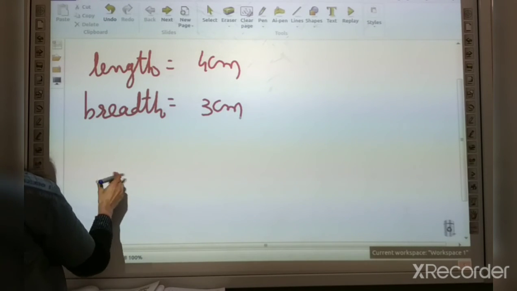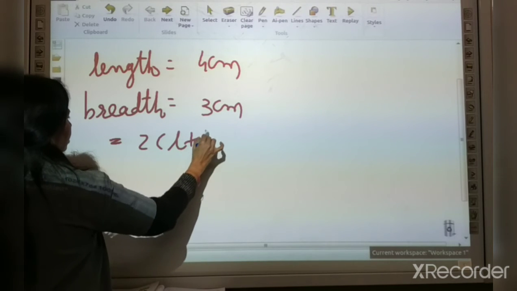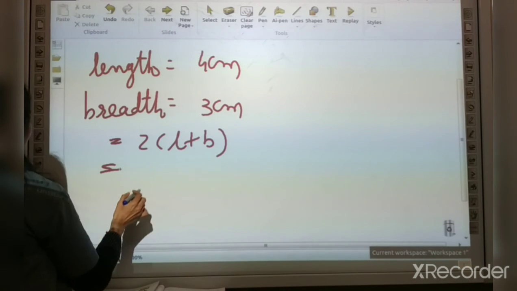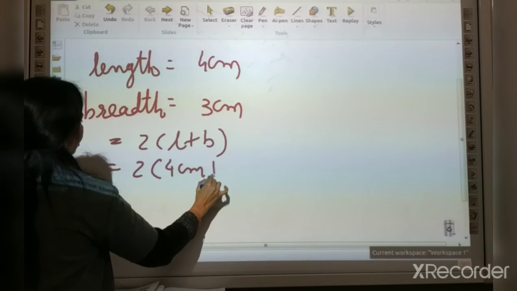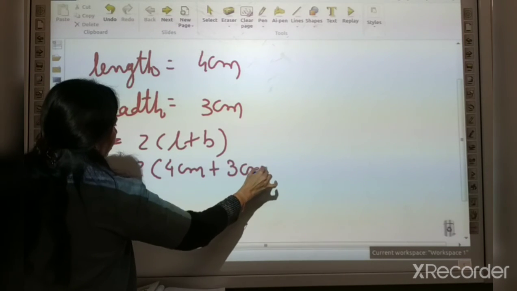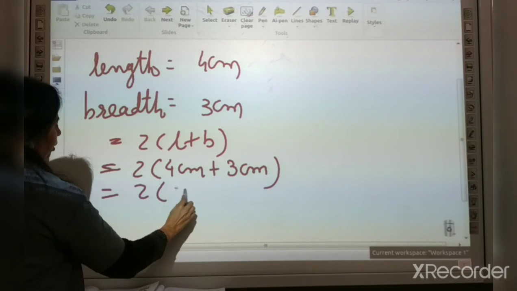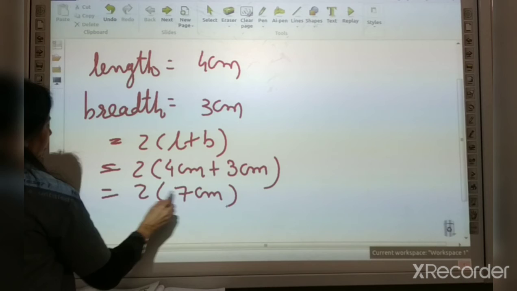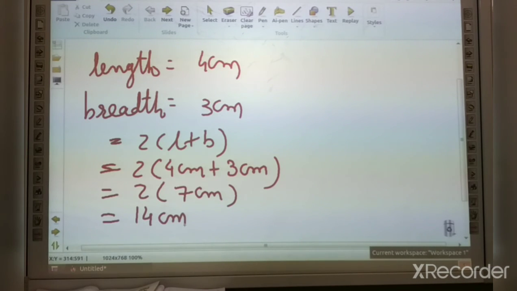So perimeter of rectangle is equal to 2 into L plus B, right? Now length is equal to 4 centimeter and width is equal to 3 centimeter, right? Now 4 centimeter plus 3 centimeter is equal to 7 centimeter. 2 7s are 14 centimeter, right?